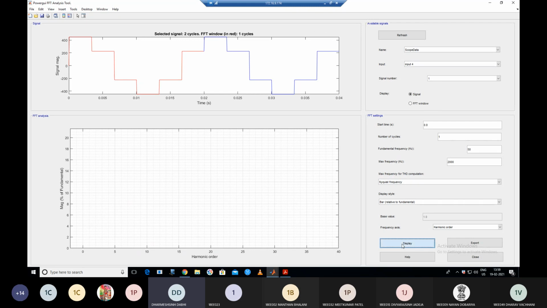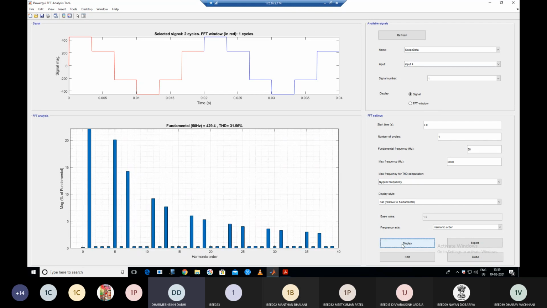And let's do the FFT analysis of this. Again, you can see the third order harmonic is absent. So it means that in short, in 120 and 180 degree mode of voltage source 3-phase inverter, multiples of third and all the even order harmonics are absent.